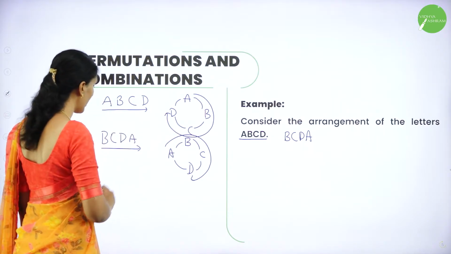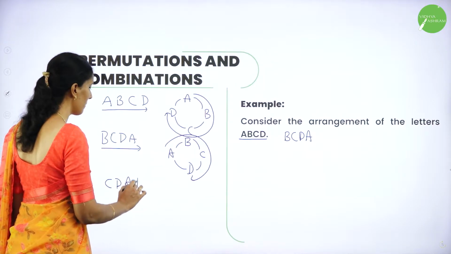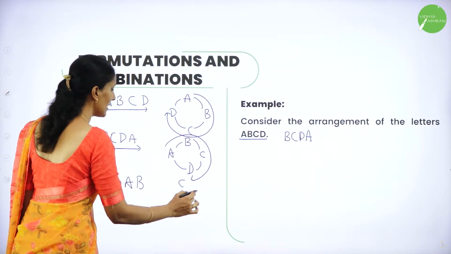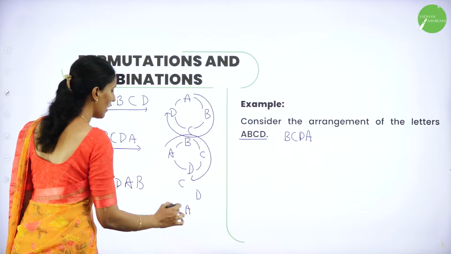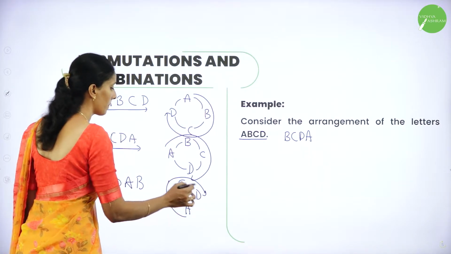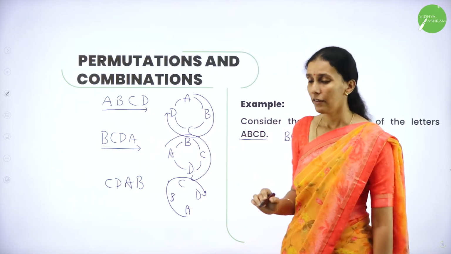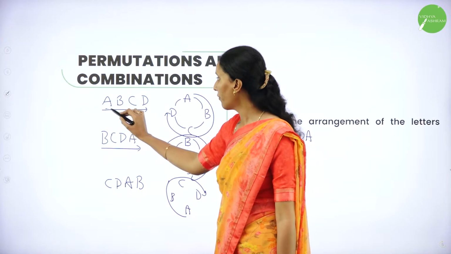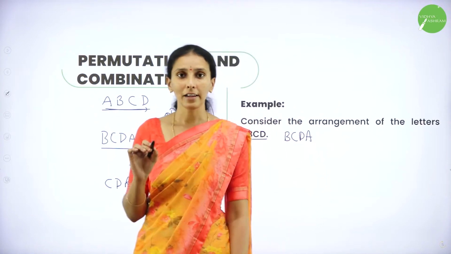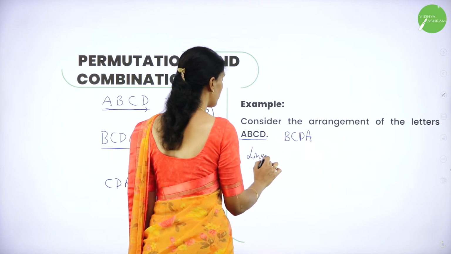I'll take one more arrangement: C, D, A, B, which is the same as A, B, C, D. Therefore, for linear permutation, if you have 4 different letters, the arrangement is 4 factorial.